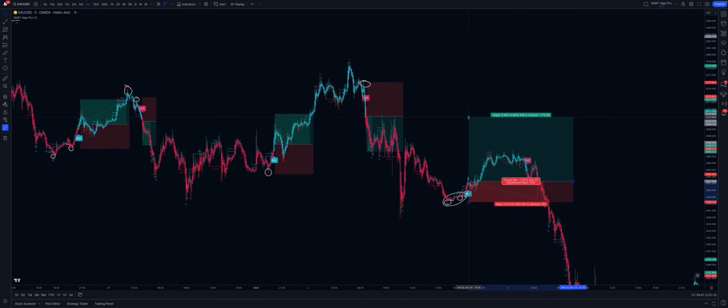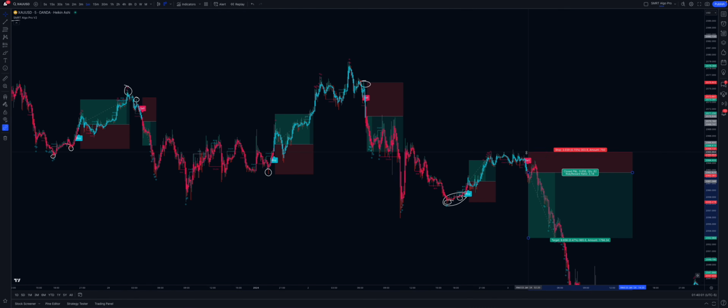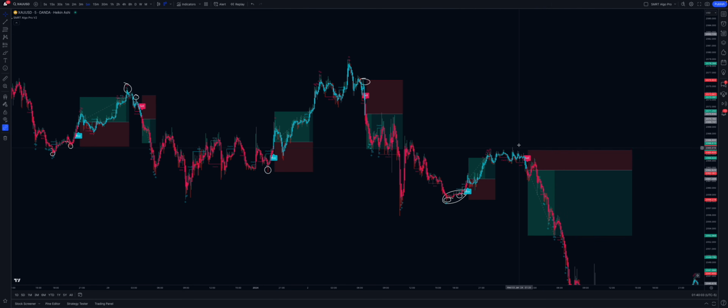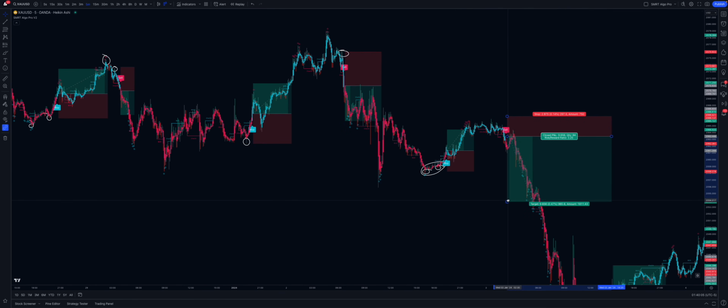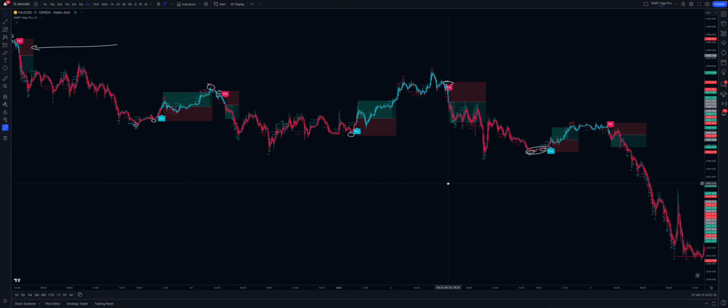Then we're going to make the risk reward ratio 1-to-1, and boom, another trade has hit. And now for the sell trade, once again, sell signal, enter at the close. Our stop loss around the highs here, and then 1-to-1. Boom. So you can see how accurate this strategy is.